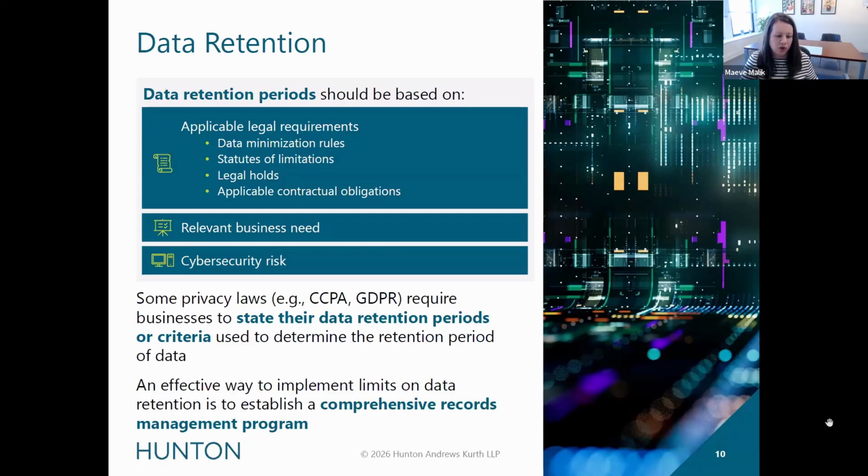But just a preview for you, even though records management, which refers to business records, is slightly different than retention of data, which refers to things more like personal data, we have seen time and again that companies that have mature records management programs and actually follow through on disposing of records when they are no longer needed for business or legal purposes reduce overall the amount of data that they are maintaining on their systems, purely because data tends to reside within those records.